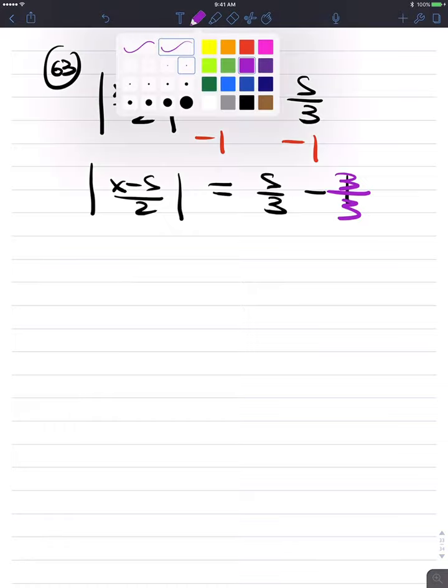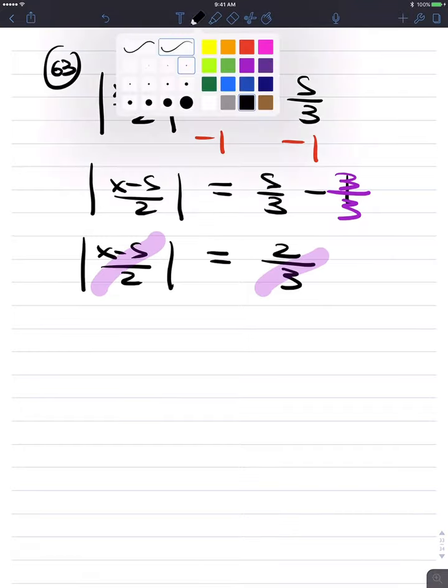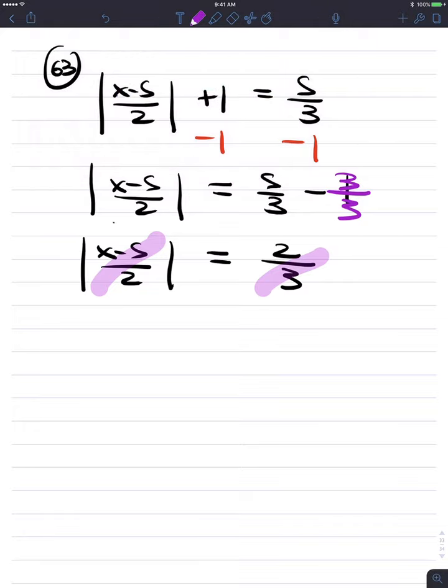So now I have the absolute value of x minus 5 over 2 is going to be 5 minus 3, which is 2, over 3. Now again, this happens. What this means is the fraction x minus 5 over 2 in one case is 2/3, and in the other case is negative 2/3.